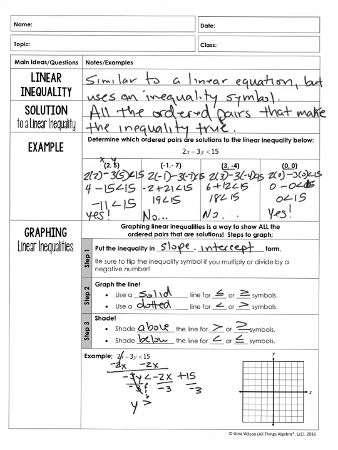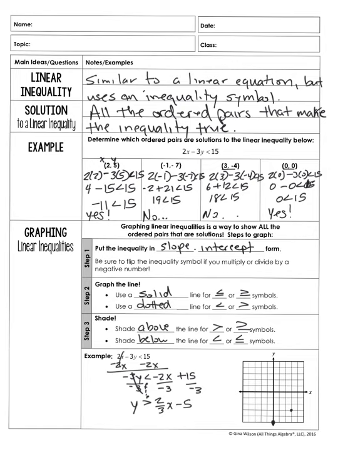Negative 2 divided by negative 3 is positive 2/3 x, and 15 divided by negative 3 is negative 5. So negative 5 is my y-intercept. That is right there. And then my slope is up 2 over 3. So up 2 over 3. And there's my line.